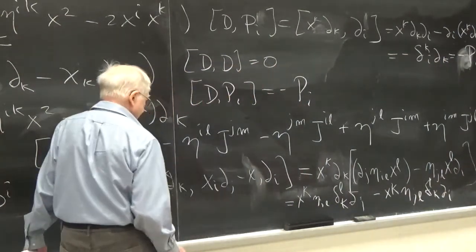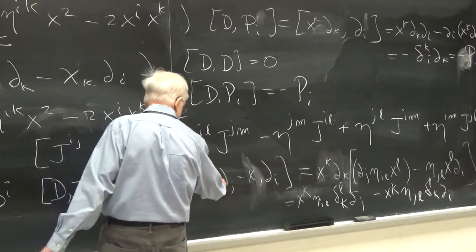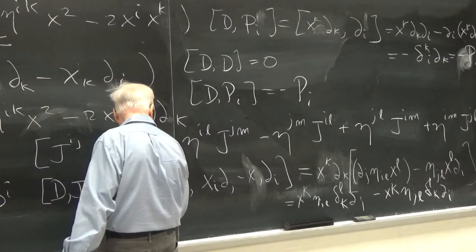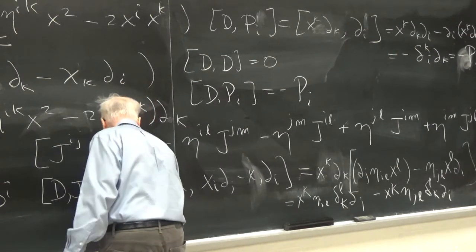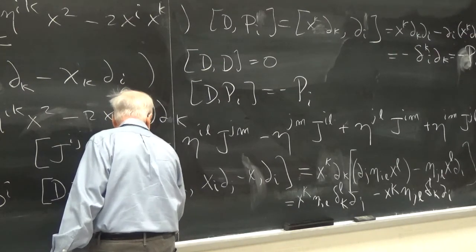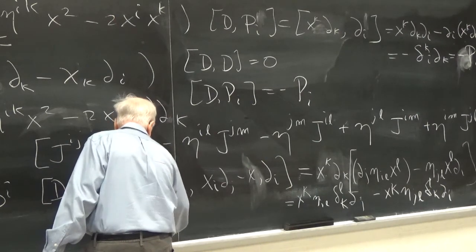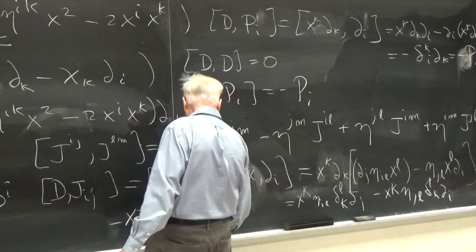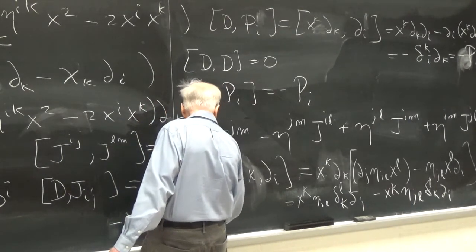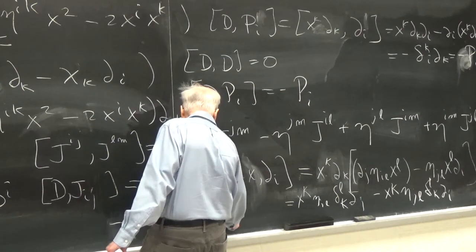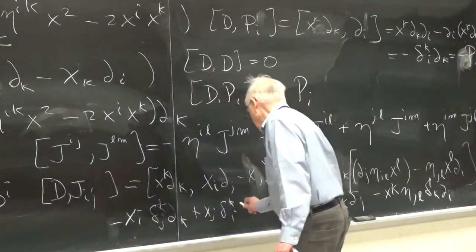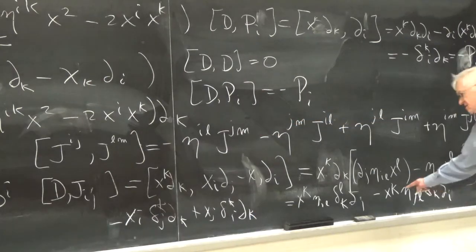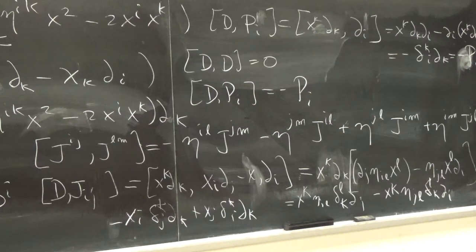Going the other way, we've got these terms that can act on this, and that's a little bit simpler. That is, it's minus x_i delta_kj d_k plus x_j delta_ki d_k. So we have to cancel out these terms on those terms.